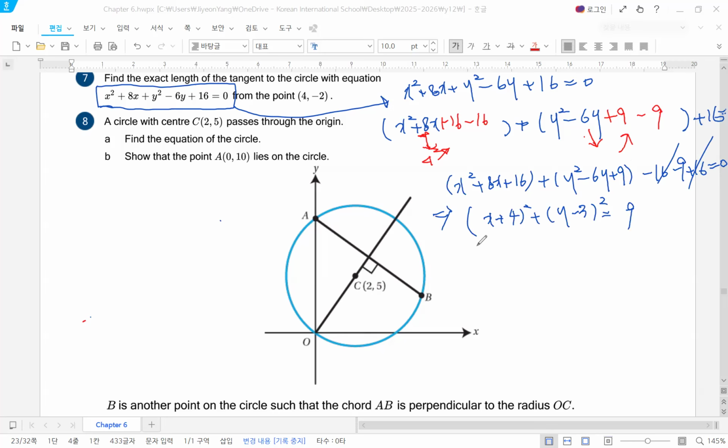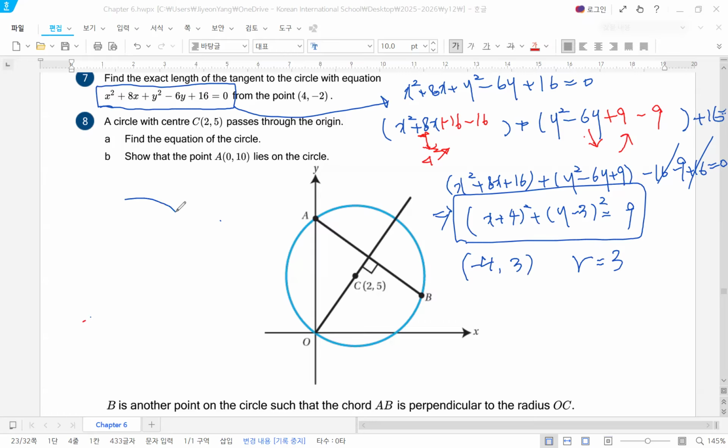So you can find this circle has center (negative 4, 3), and the radius is square root 9, which is 3. Do you understand?